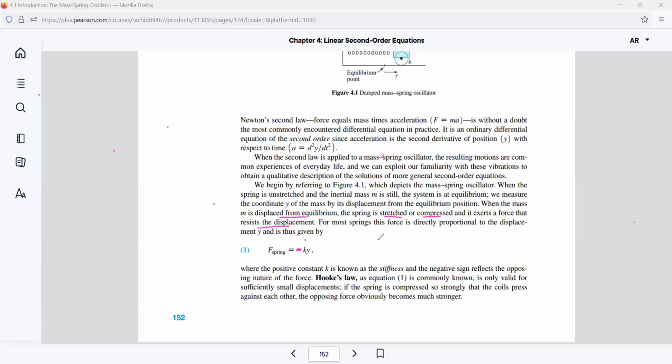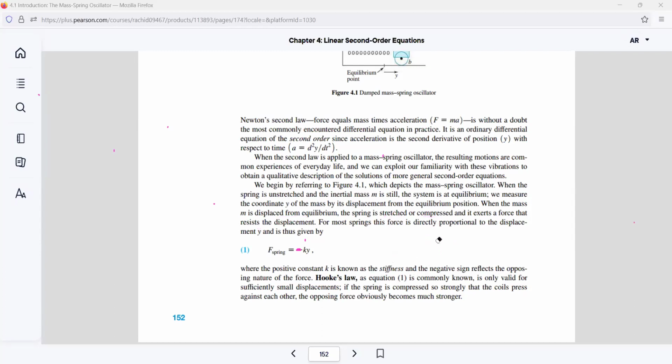And for most springs, this force is directly proportional, meaning it increases with the displacement and you multiply. Here we're using Y. And since it's opposing, it's going to be negative. This constant here is positive and it's known as the stiffness. And of course, the negative sign explains what I mentioned.